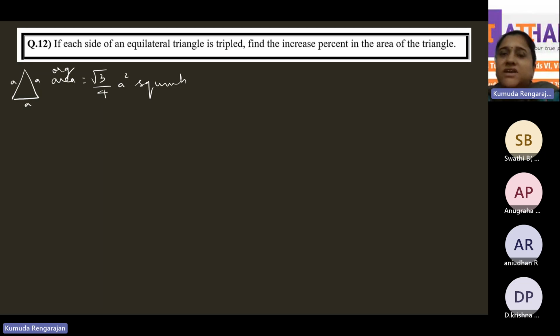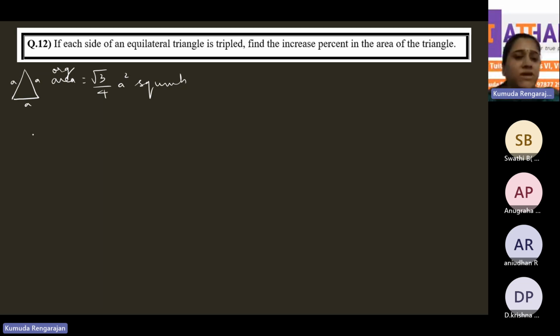All the sides are equal. You don't have to use Heron's formula here because we have a formula specially designed for equilateral triangles. So side is a and the original area is √3/4 into a square.